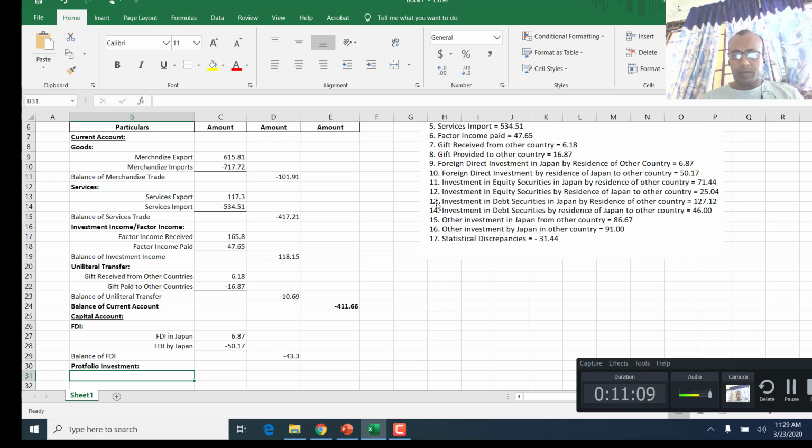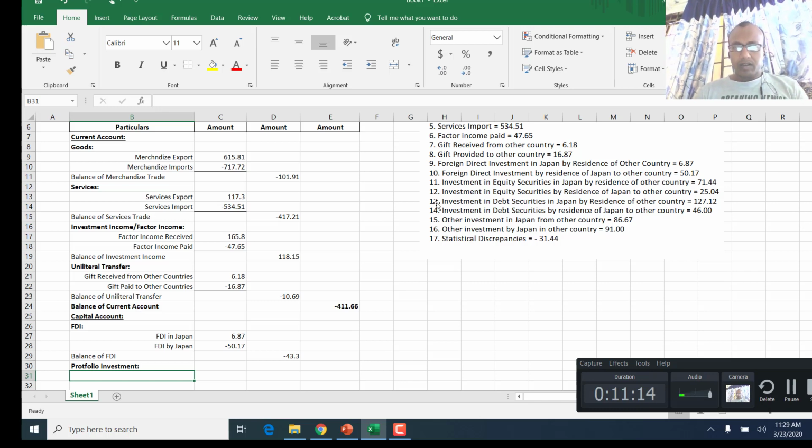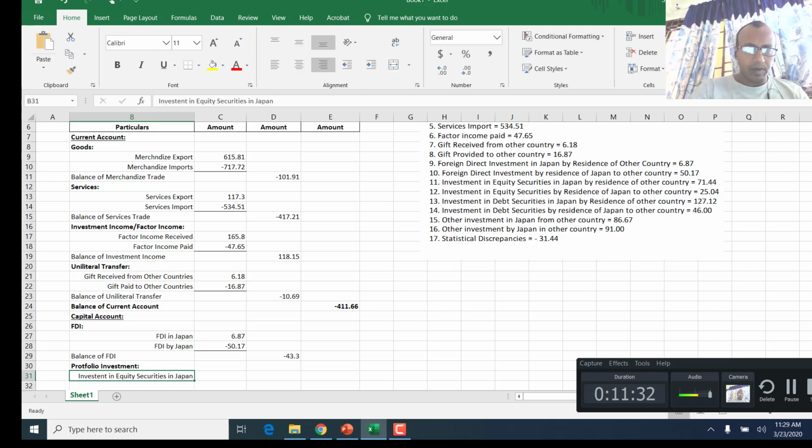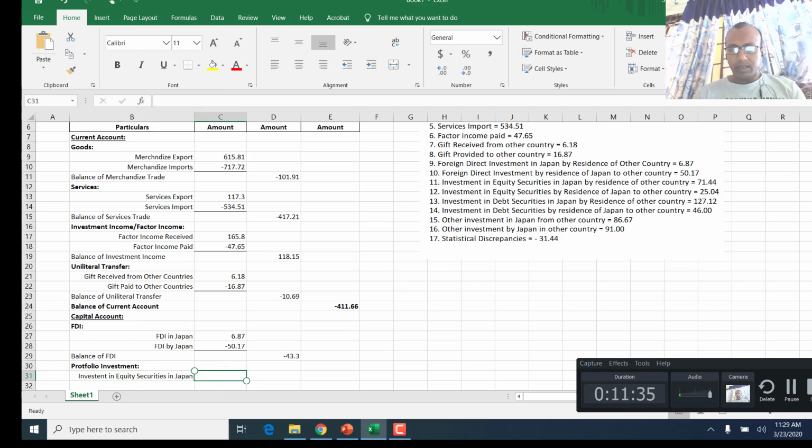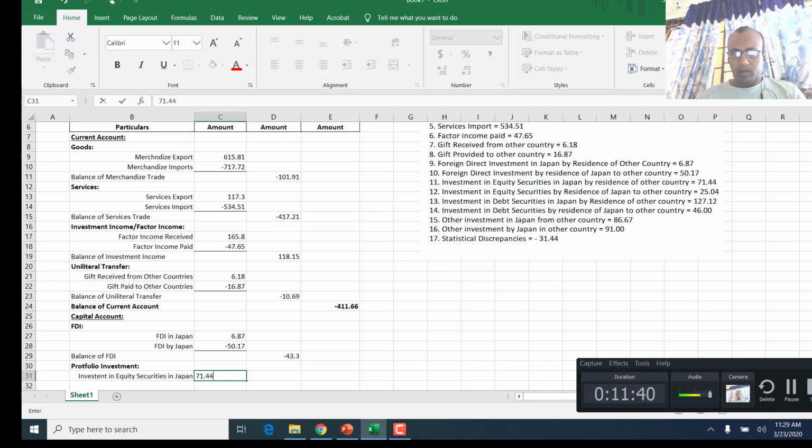So in this portfolio investment, first of all, investment in equity securities in Japan brings foreign currency to Japan, so it should be added here: 71.44.